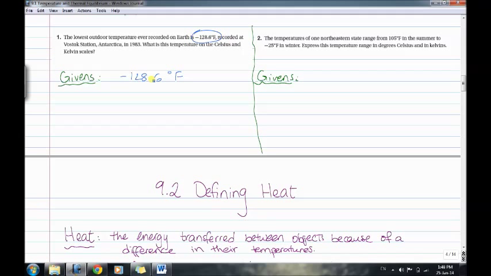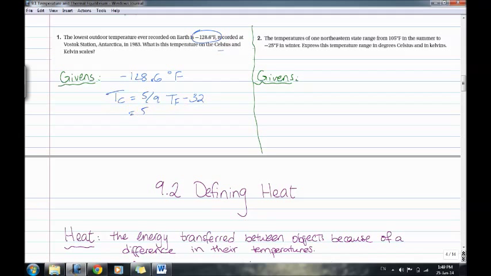So, first, we have to find the Celsius. They said we need the Celsius and the Kelvin. So, let's find the Celsius first. We use the formula for Celsius, which is Tc equals 5 over 9 Tf minus 32.